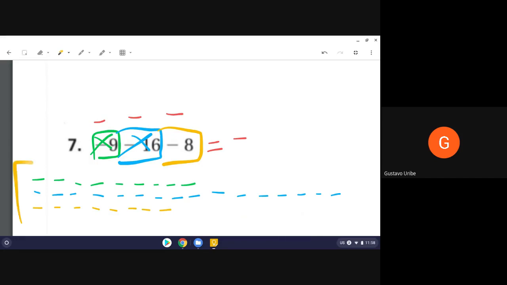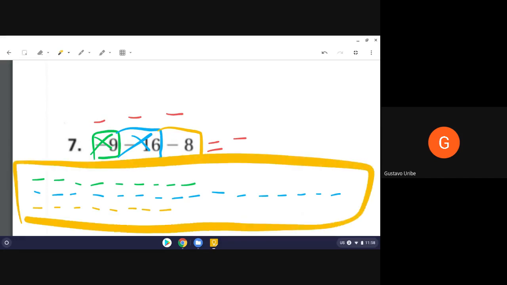Well, look at all of this right here. These are all negatives. I know I did them different colors, but they're all negatives. They're all minuses, so nothing is going to cancel out. If you just count all of these, you will get your answer.